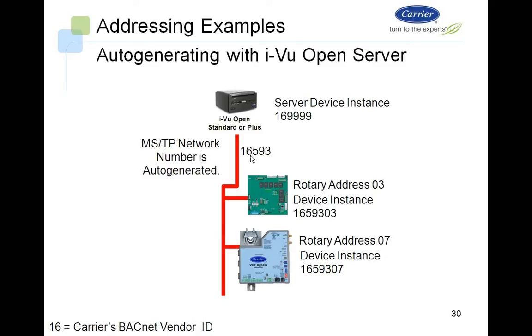So instead of the 16101 network number that we saw in the previous slide, in this case they have 16593, and add their MAC address or rotary switch setting to that network number to get their device instance.